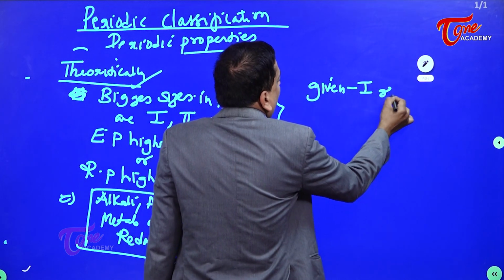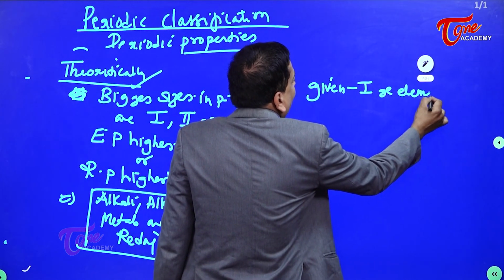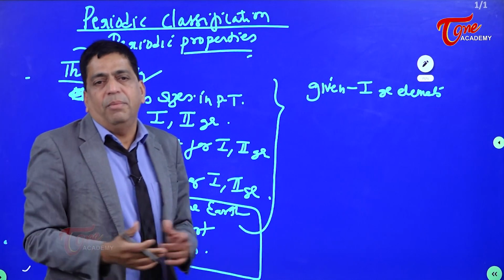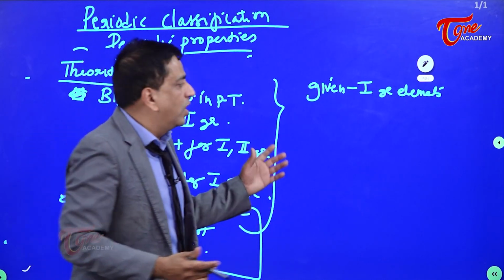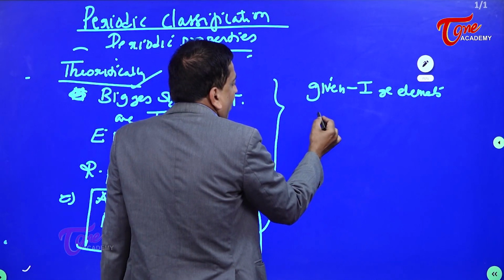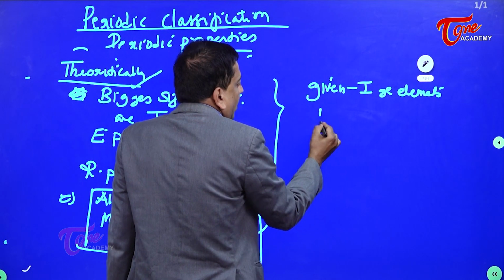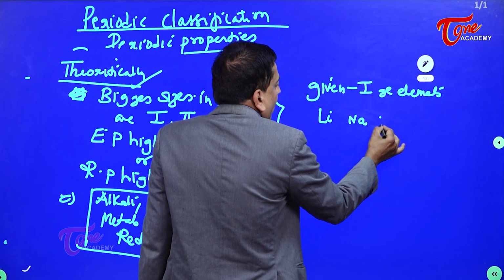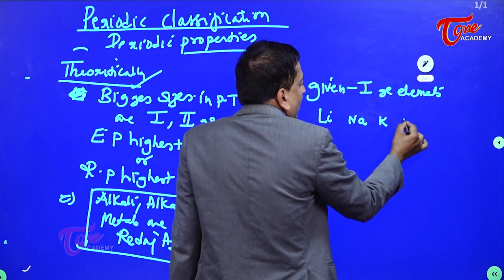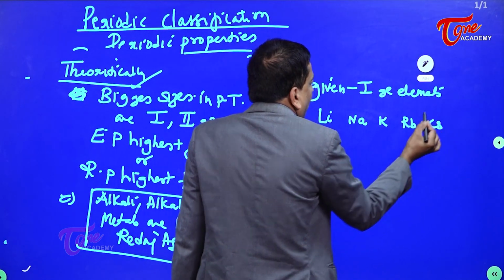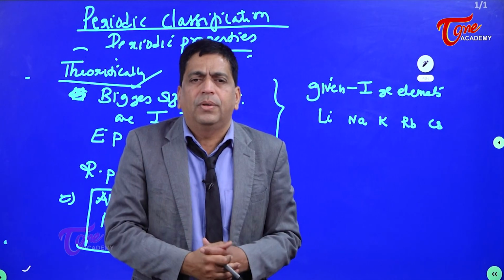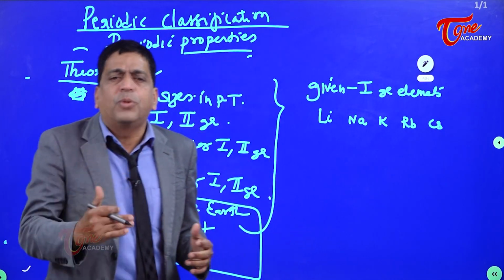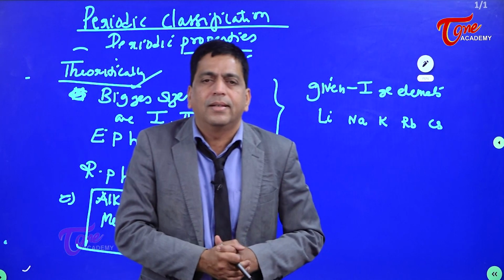Now if you look into the first group elements, then it is lithium, sodium, potassium, rubidium and cesium. These are the first group elements. From top to bottom, the size increases.